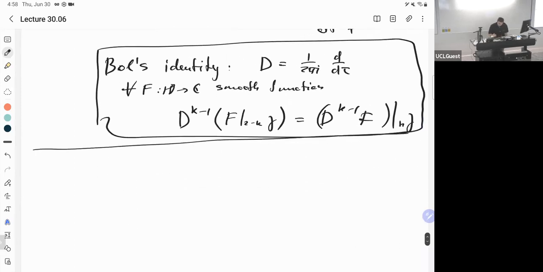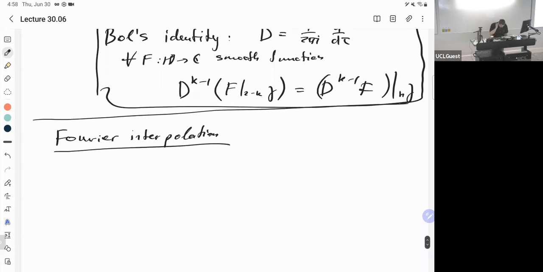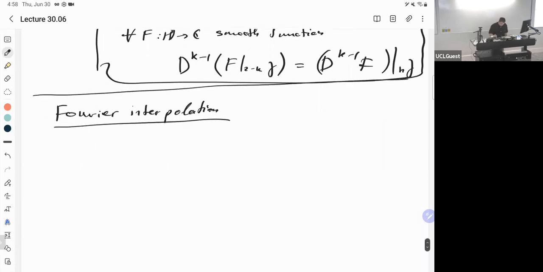Okay, so that was maybe not so interesting for this audience, but let me give you another reason why you should care. The real reason for this course is Fourier interpolation, and it turns out that with this theory of modular integrals, in some cases it's a trivial corollary of Marvin Knopp's result.